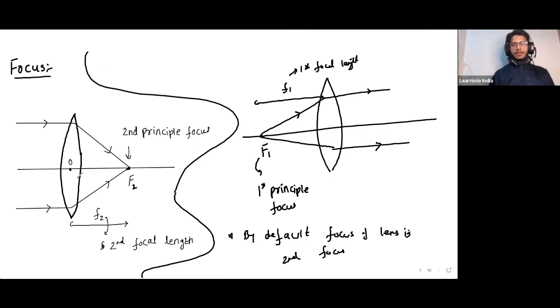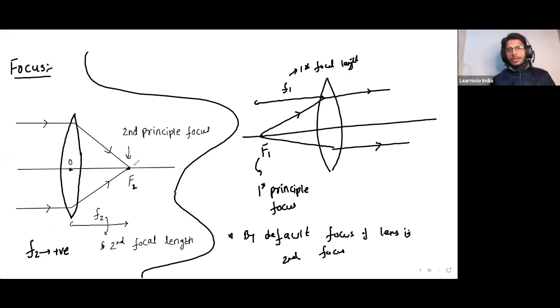By using sign convention, can you tell me if this F2 is positive or negative? Very good. The second principal focus is positive. In a lens, we measure all distances from the optical center.